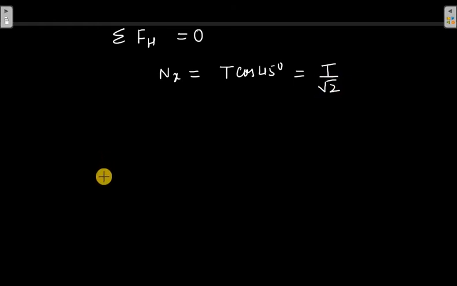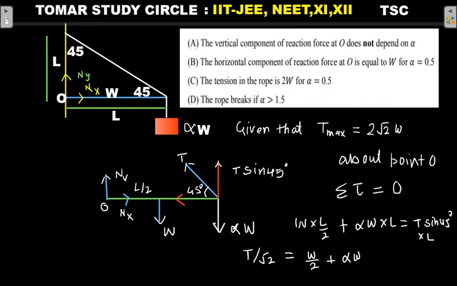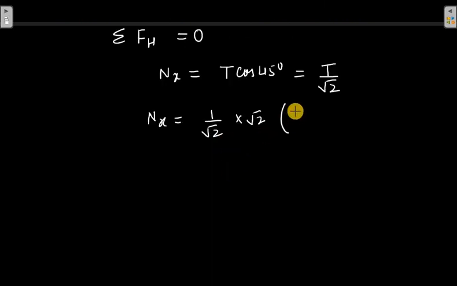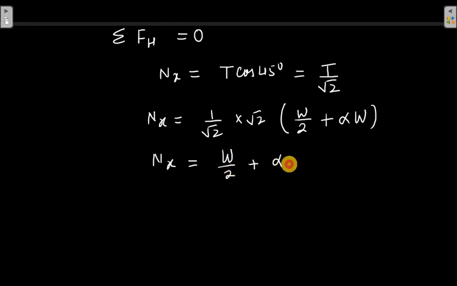On putting the value of T from equation first here, we can write Nx will be equal to 1 by root 2 multiplied by root 2 into W by 2 plus alpha W. We can write Nx will be equal to W by 2 plus alpha W.